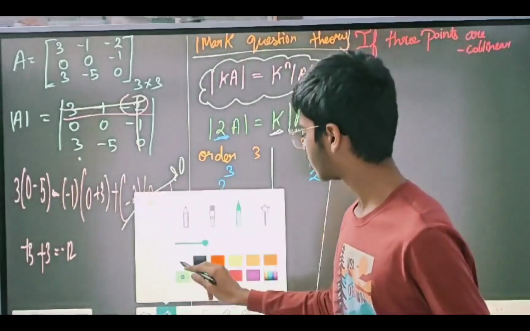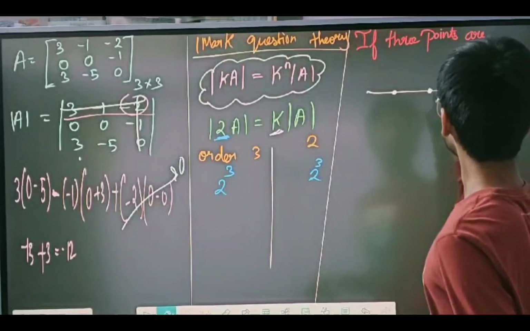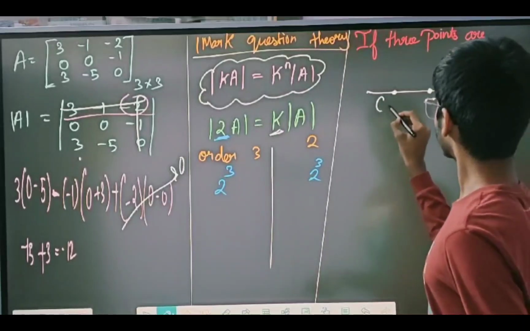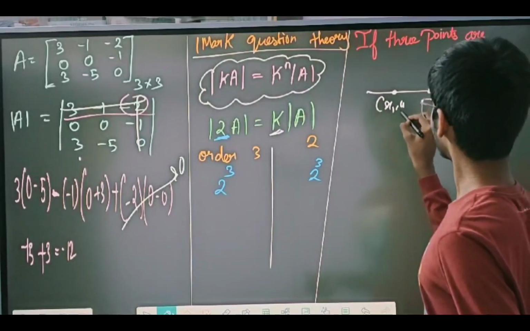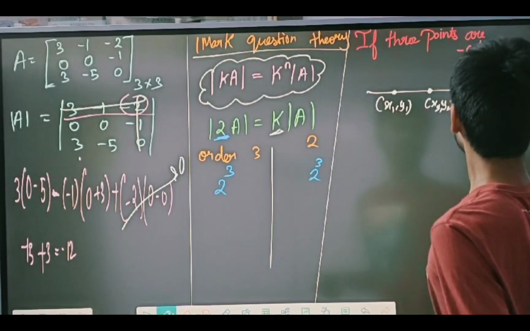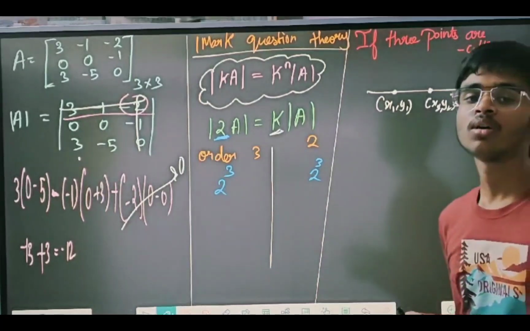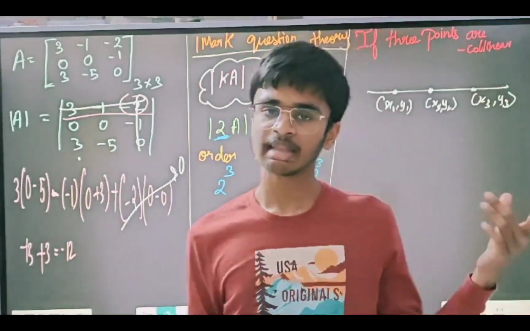See, what is collinear? That means you are going to take 3 points, and those 3 points are in a single line. This is x1, y1. This is x2, y2. This is x3, y3. Like this, they have given this data.